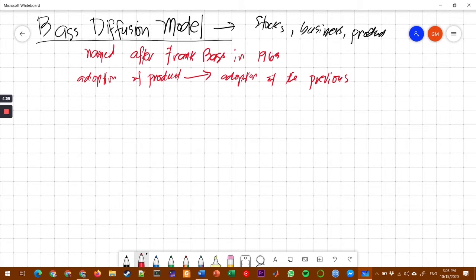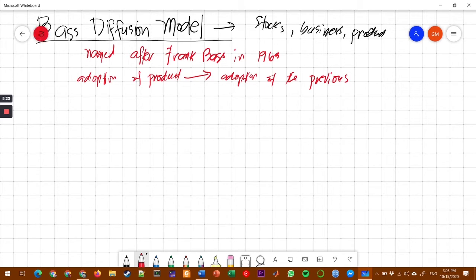The adoption of the product is proportional or dependent on the adoption of the previous ones. But there are also other customers who are bold in their decisions, risk takers, or who want to try something new, cutting-edge products.